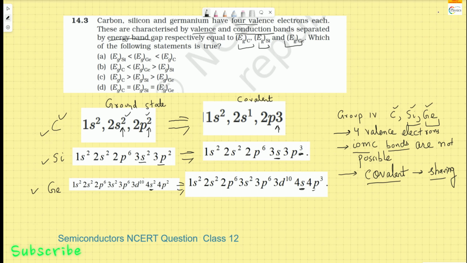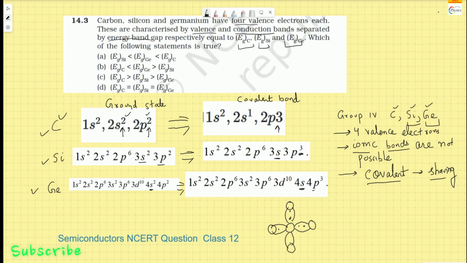In the covalent bond state, silicon, for example, creates bonds with the neighboring structure. You would have seen this structure where a silicon creates a bond with a neighboring silicon, and then one more bond with another silicon, and another silicon.